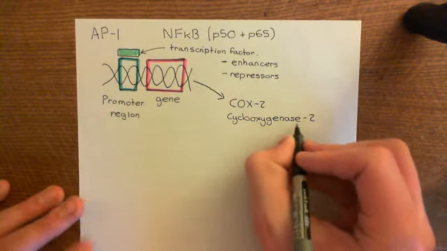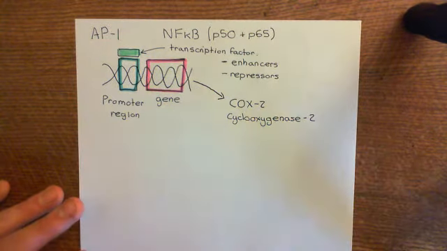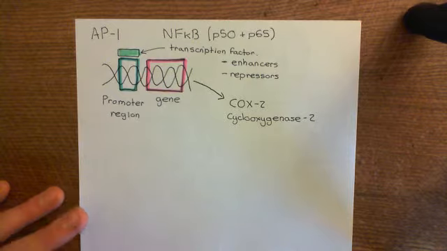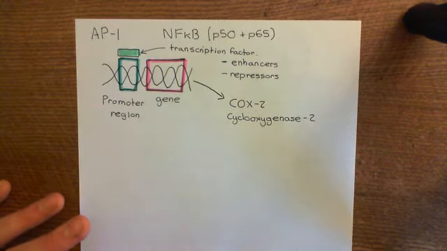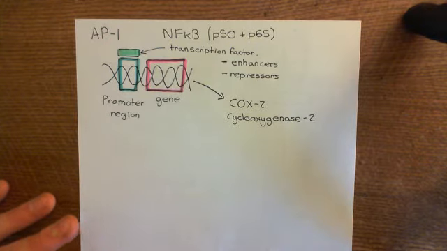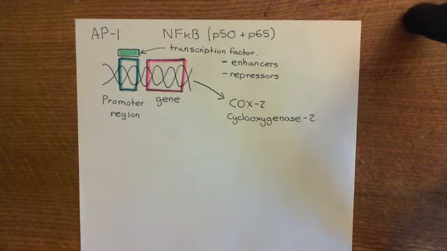Well, Cyclooxygenase 2 is involved in converting a fatty acid, okay, so a long-chain carboxylic acid known as arachidonic acid, into prostaglandin H2. Okay, so to understand this, we're actually going to have to talk about something that occurs in type 1 activation of endothelial cells, okay?